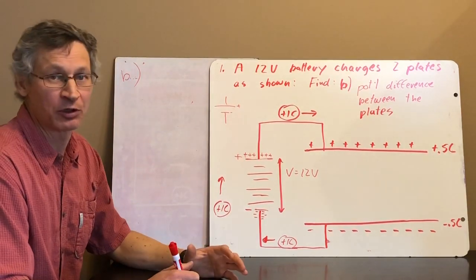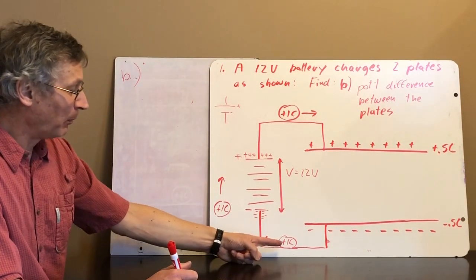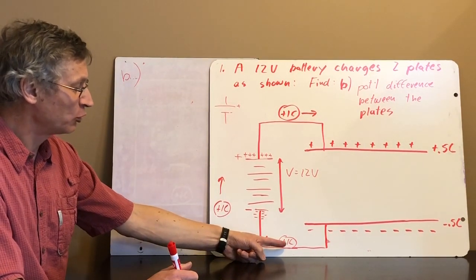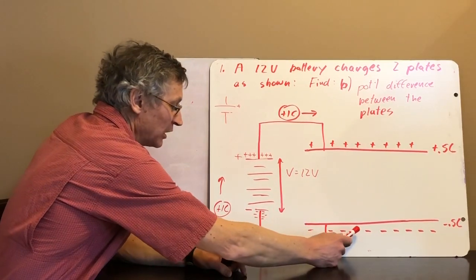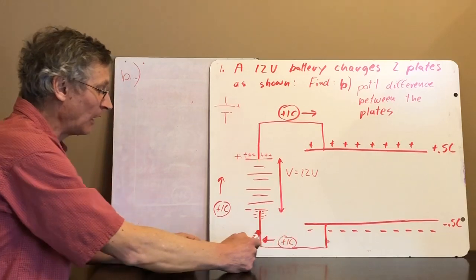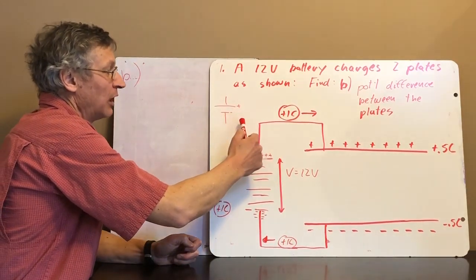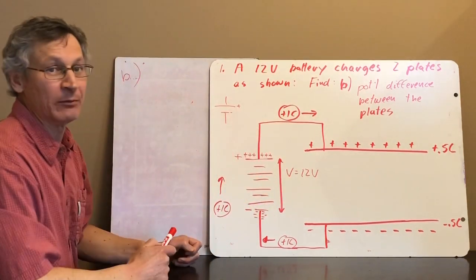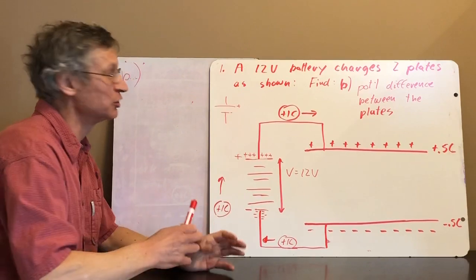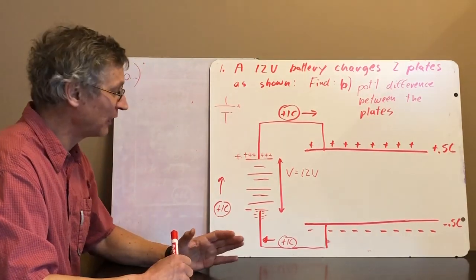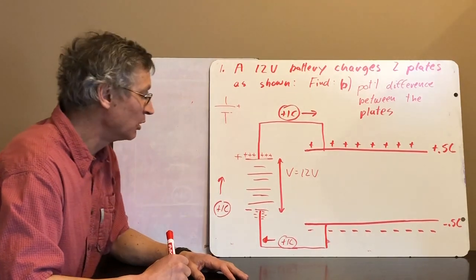Just for the sake of doing the question, let's pretend that we take a positive unit charge, positive 1 coulomb's worth of protons from this negative plate, up through the battery and deposit it on the positive plate. Again, even though usually negatives don't move, just for the sake of doing the question, let's pretend that in this case we have positive 1 coulomb's worth of charge moving.